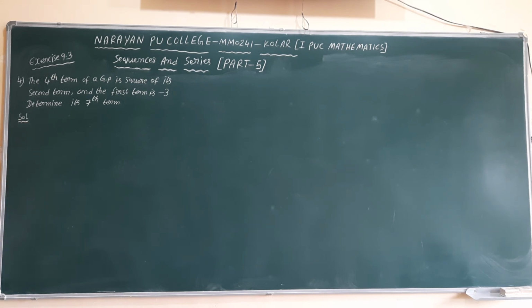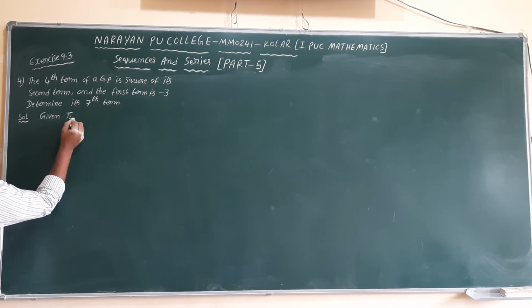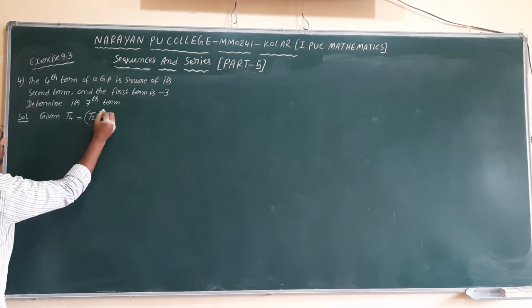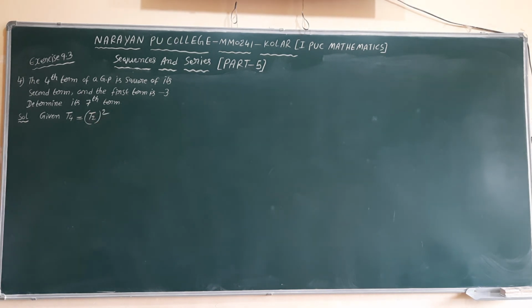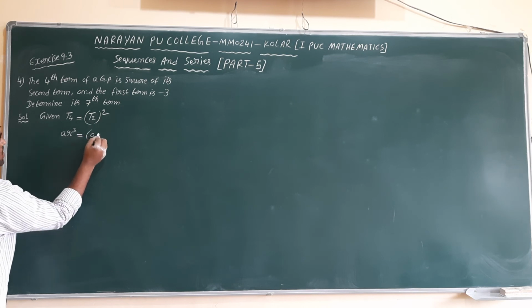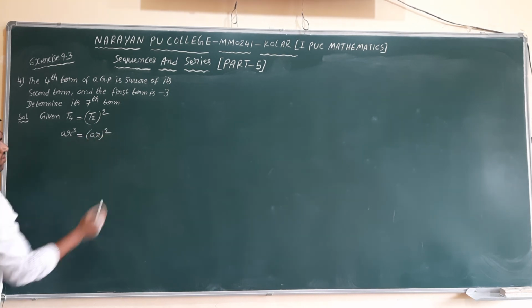So the given 4th term is square of second term. So given fourth term is square of second term, T4 is equal to T2 whole square. Fourth term of GP we know is AR cube, and second term of GP is AR, whole square.